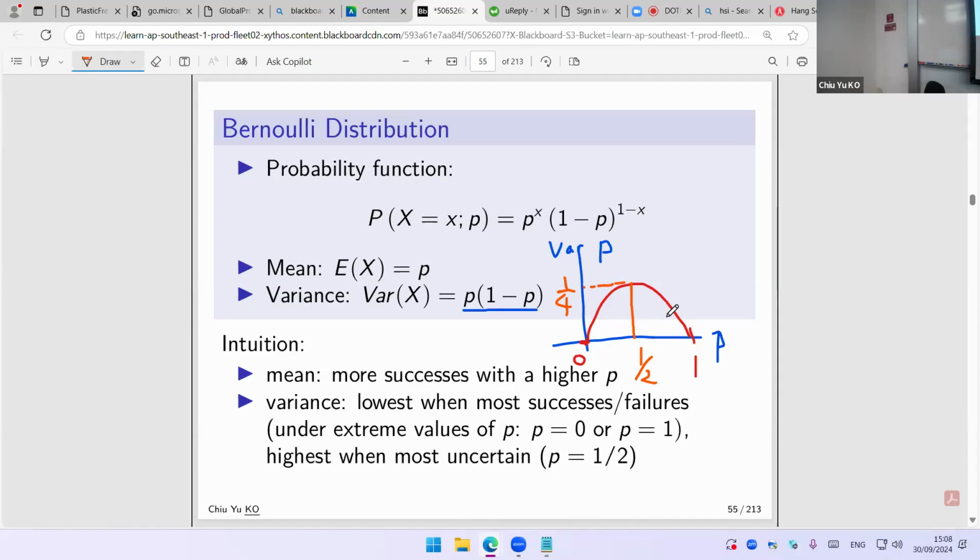Only when P is 1/2 do you have the highest variance. Why? Because you have half success, half failure, a bunch of 0s plus 1s. So that's why it looks like this shape. This will become very important later, but this is the idea behind it.